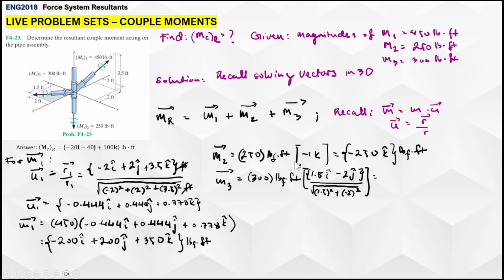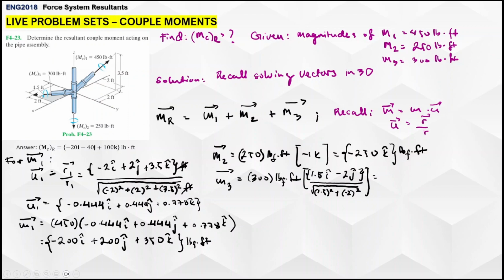If you're wondering where the negative 1 came from, there's a bit of right-hand rule going on here, but you can always assume that it's going to be negative 1 along the axis, especially for the z-axis. So M2 is just negative 250 k pound force feet.